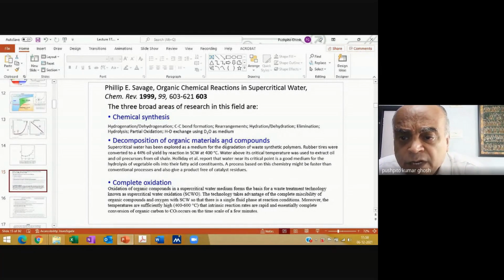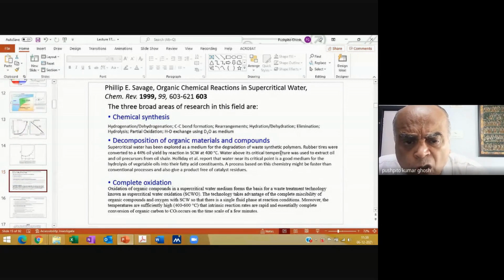You can actually take a rubber tire, in supercritical water, and it has been converted into oil with a 44% yield. Not bad. Supercritical water is actually also used to extract more oil from these oil shales. So that's again quite an interesting application.